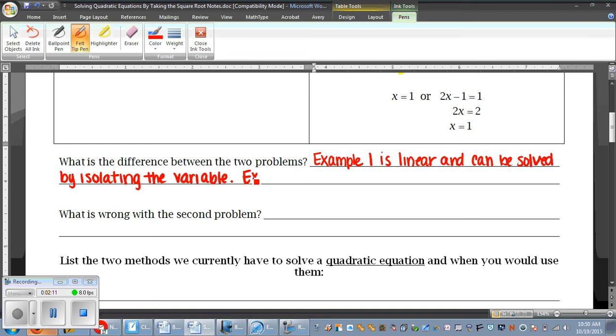Example 2 is quadratic and needs to be solved another way.